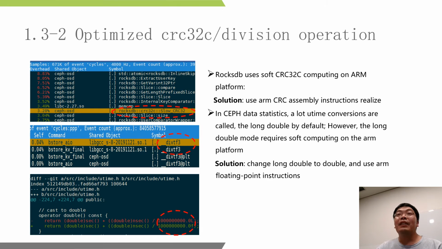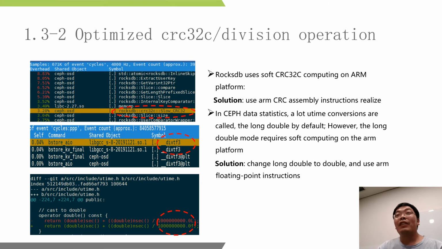The division instruction: because aarch64 does not implement 128-bit, long double division has to be done by software. In Ceph statistics, long double is used to compute seconds to microseconds and nanoseconds, so the software long double division became a hotspot.